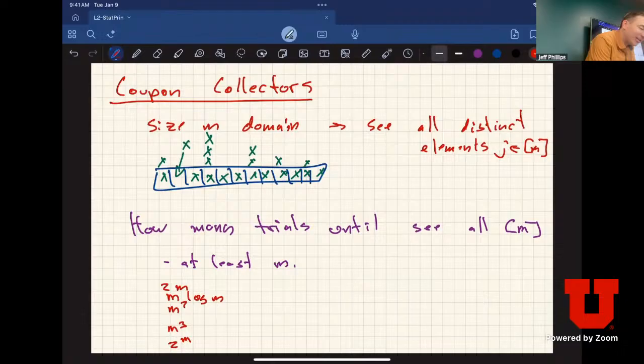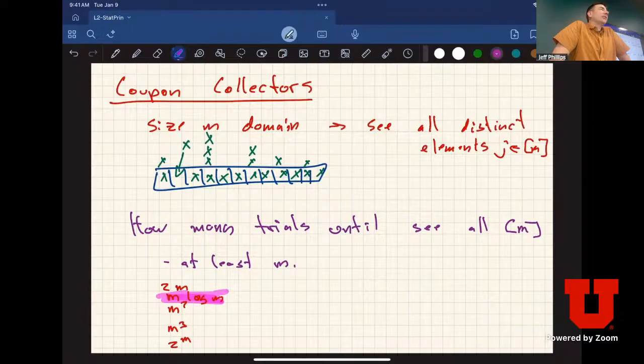Okay, that turns out to be the right answer. So it is roughly M log M. It's a bit more than M, but it's only a logarithmic factor more.